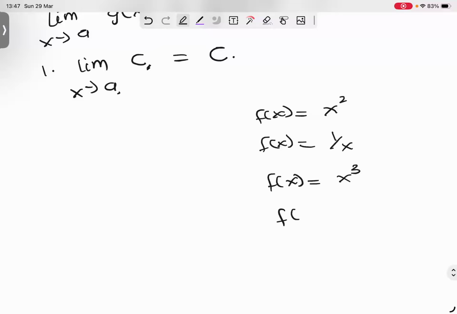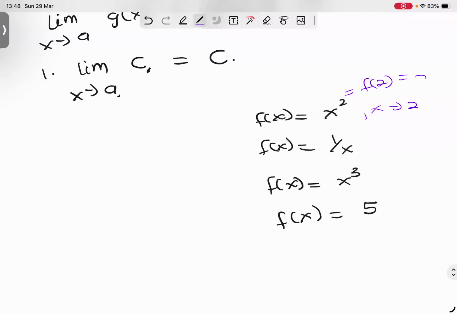We are looking at when f of x is just a constant, so maybe f of x is equal to just 5. We have seen that to evaluate the limit, when x was approaching 2, the answer was 4. It was essentially finding f of 2, which is 2 squared, and that is 4.